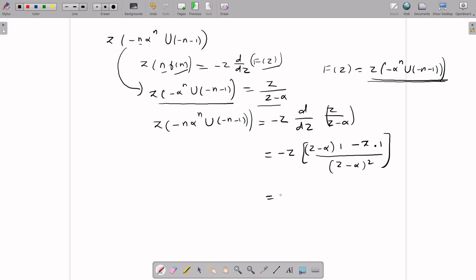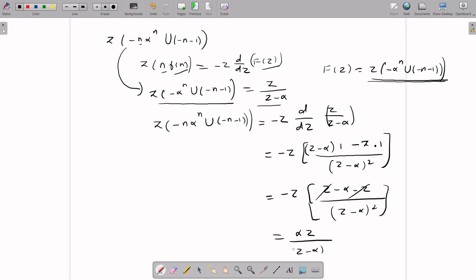Otherwise, minus z into z minus alpha minus z divided by z minus alpha the whole square, which is equal to minus z, and z minus z gets cancelled and the remaining term minus minus becomes plus alpha z divided by z minus alpha the whole square. This is the bilateral z transform of minus n alpha power n u of minus n minus 1.